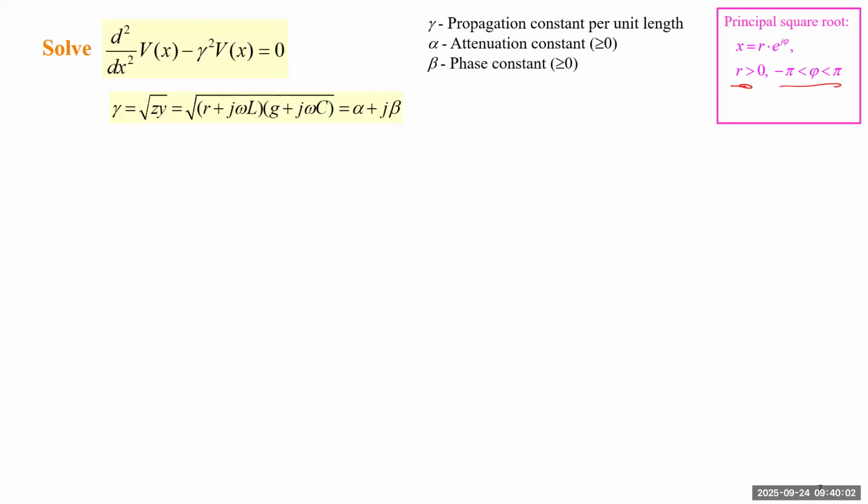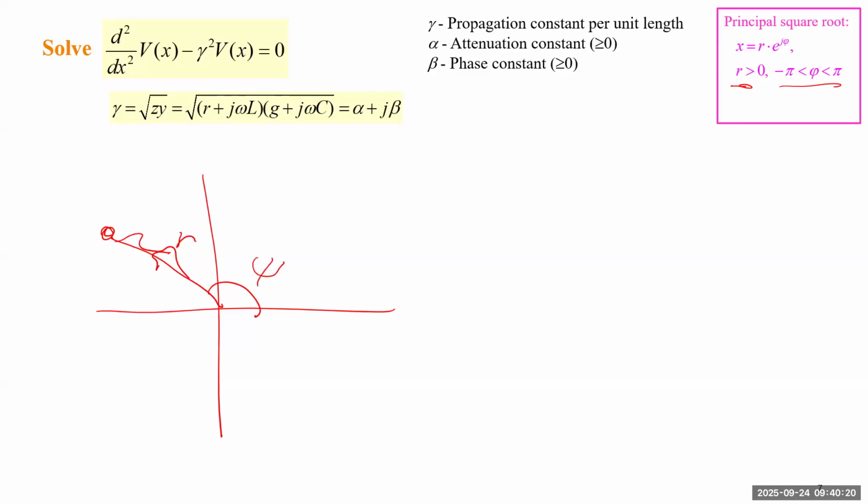All right. So for instance, if you have a complex number that falls into the second quadrant, this distance will be R, and this angle will be phi. You cannot use the other angle, right?